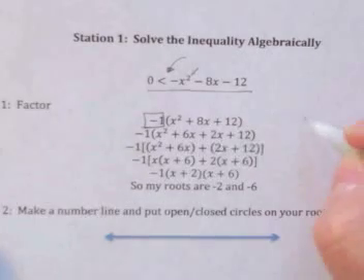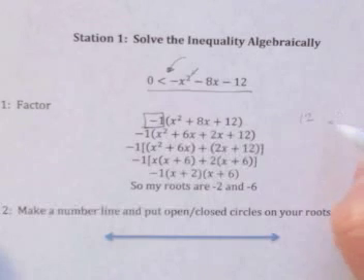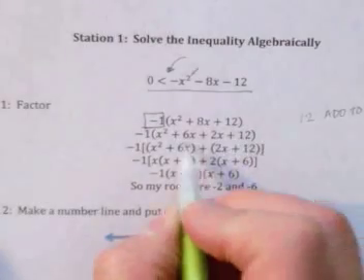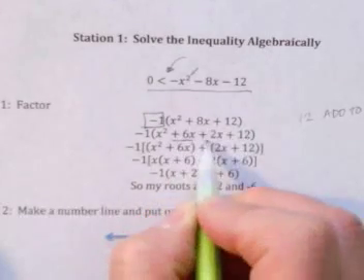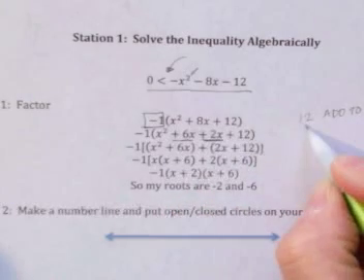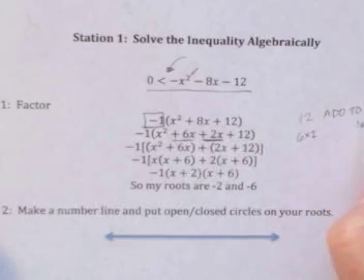And then I looked for factors of 12 that added up to 8. And so I chose +6 and +2, and the reason I did is 6 times 2 is 12, and 6 plus 2 is 8.